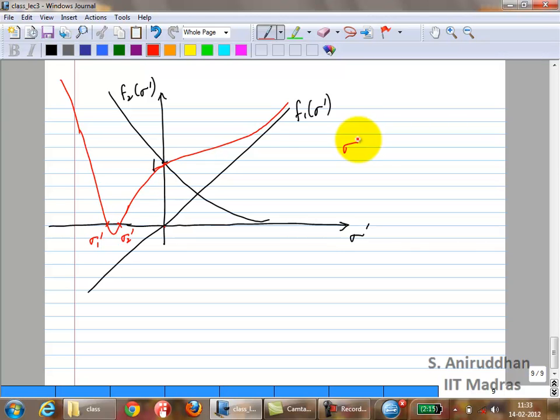Now that you have two solutions, what will VO of t be? A general solution for VO of t, what will that look like? It will be a linear combination of the two: alpha 1 times the first exponential plus alpha 2 times the second exponential. Correct?